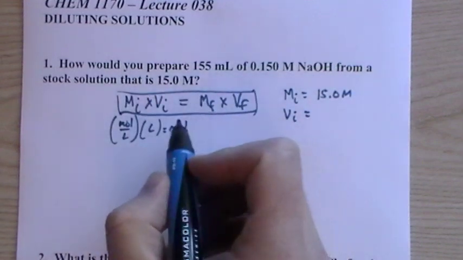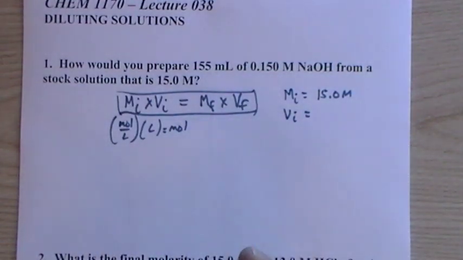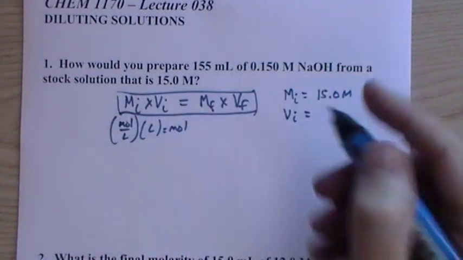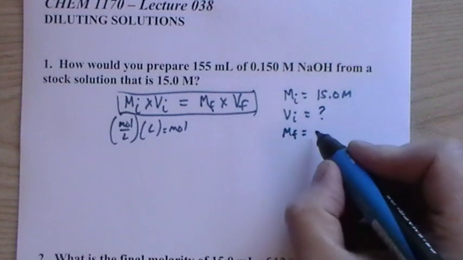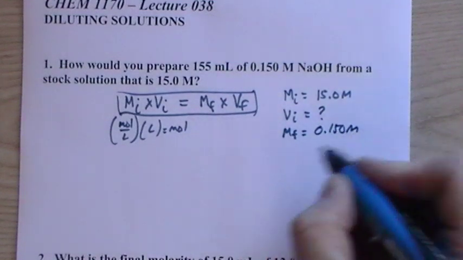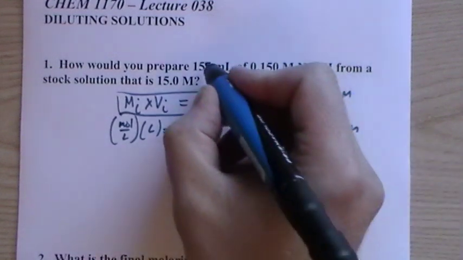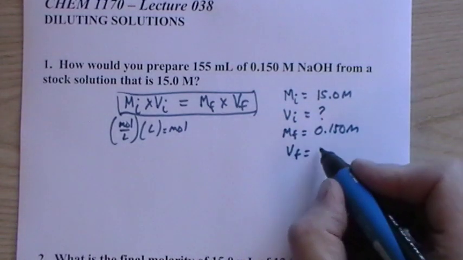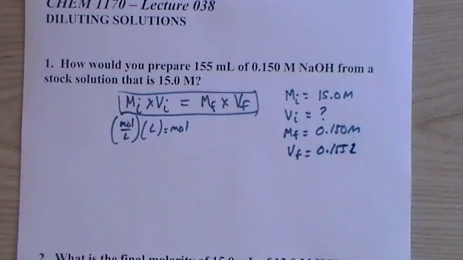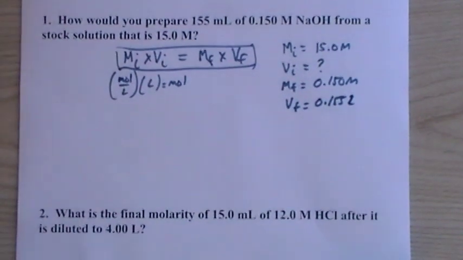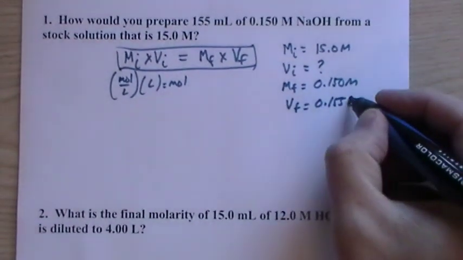When they ask how we prepare it, they're asking what do you start with, and then you dilute it. We don't know this. The final concentration is 0.15 molar, and the final volume they give is 155 mils. We might as well convert it over to liters right now. Actually, we'll see that in some cases that's not necessary, but it's a nice thing to do here.